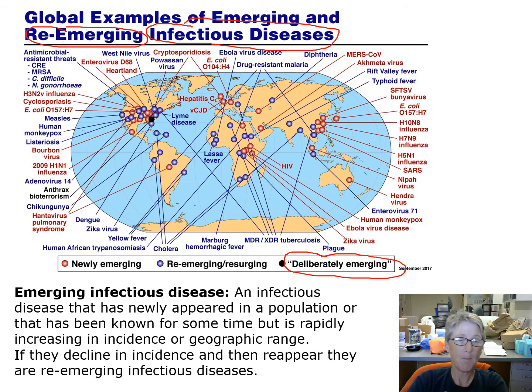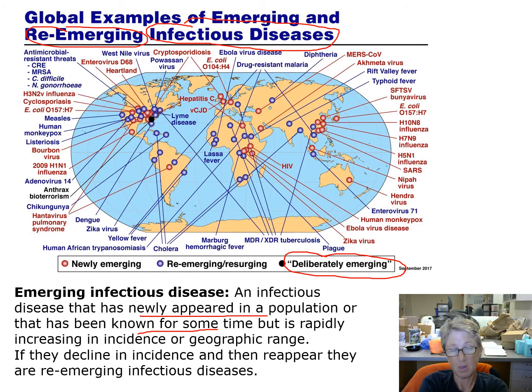So an emerging infectious disease is an infectious disease that has newly appeared in a population, or it could be an infectious disease that's been known about for some time, but all of a sudden it's rapidly increasing its incidence rate, those are the number of new cases, or it's rapidly increasing its geographic range.